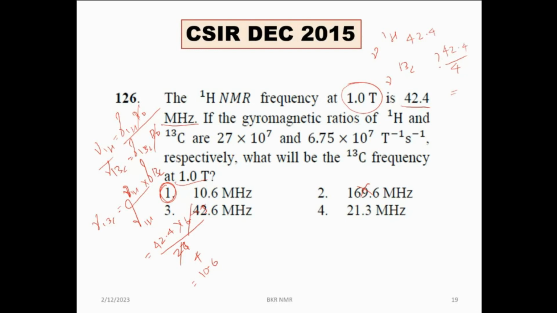Ma'am, we just want to divide the chemical shift of hydrogen by 4. Chemical shift is frequency. So carbon frequency is 1 by 4th of hydrogen frequency. That's it. So 42.4 divided by 4, the answer is 10.6. We can keep going.